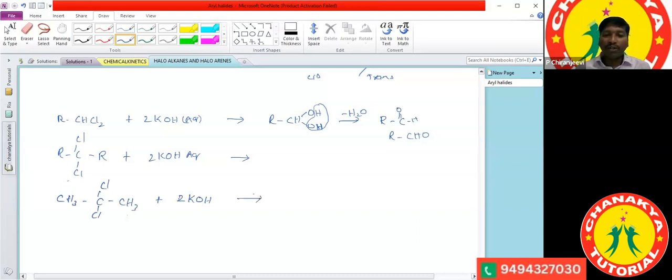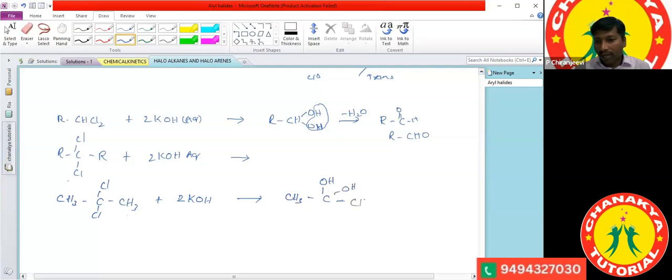If 2,2-dichloropropane is treated with aqueous solution of KOH, what is the product that is going to be formed? In this also, 2 chlorine atoms are replaced by OH. That means CH3-C-OH, and here also OH.